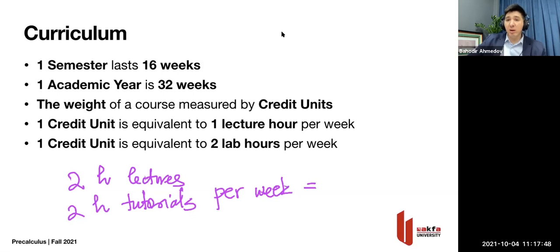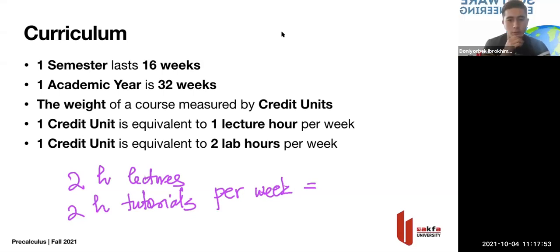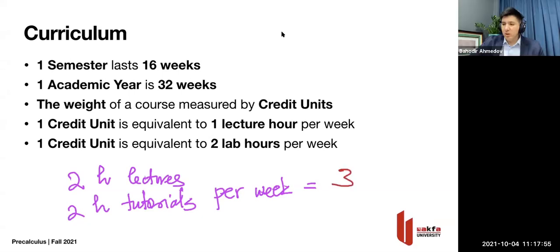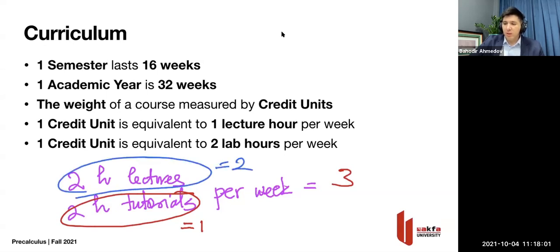Can you tell me how many credits is this? I think 3 credit units. 3, right? Because 2 hours of tutorials is going to be 1 credit. And the lectures are going to be 2 credits, right?